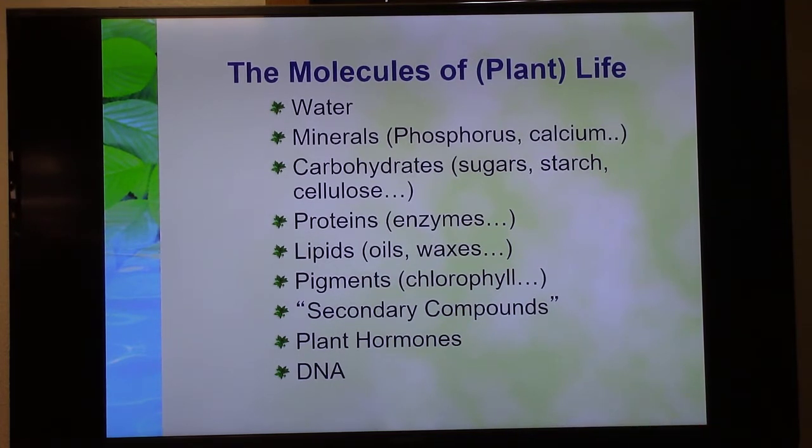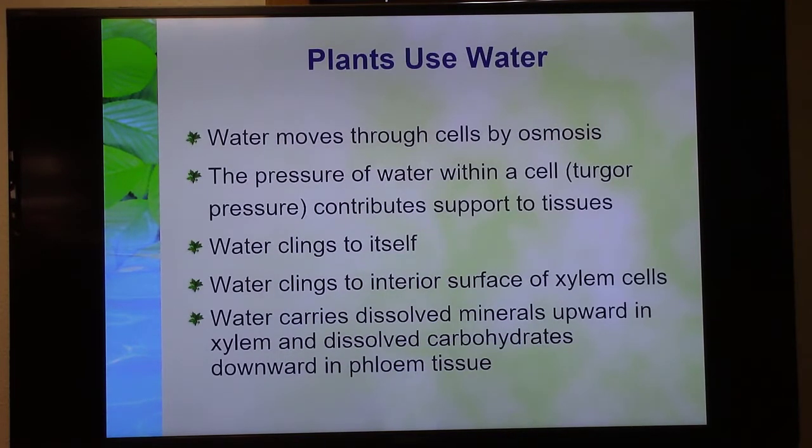Okay. Now, this is where I hope that we can kind of go fast through this because you've had it already. So tell me. Okay, plants use water. Water moves through cells by osmosis. Here's the rule of osmosis. Water moving through a membrane from a region of high concentration to a region of low concentration.